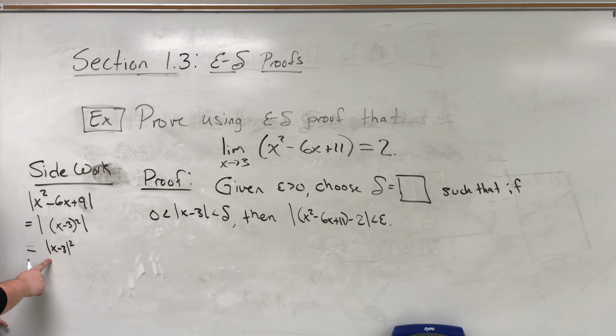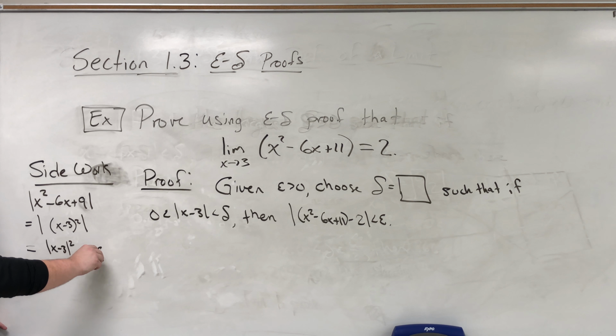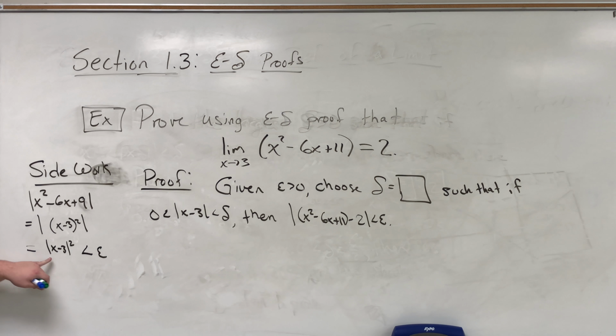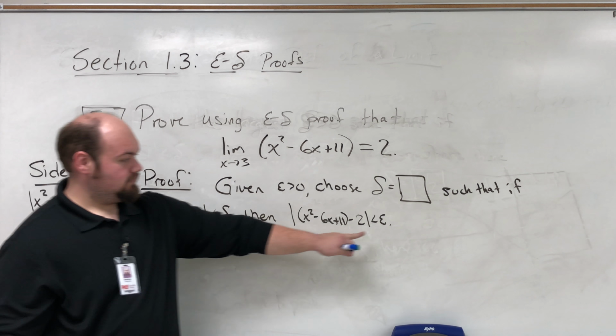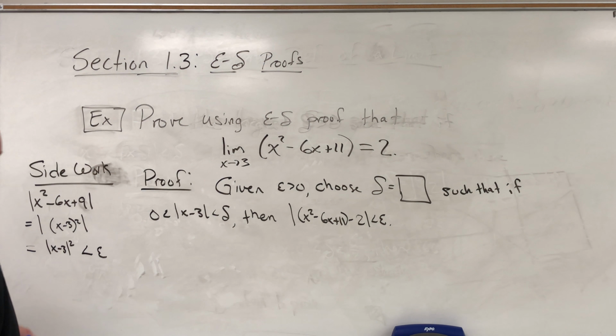Well, okay, that means that this, remember, needs to be, in this case, less than epsilon, right? Because we're saying this is equal to this is equal to this, but this expression must be strictly less than epsilon. So if I want to solve for x minus 3, then at that point, the absolute value of x minus 3 squared is less than epsilon.